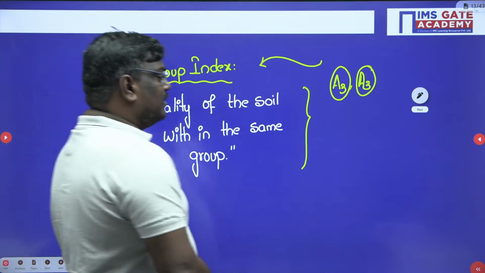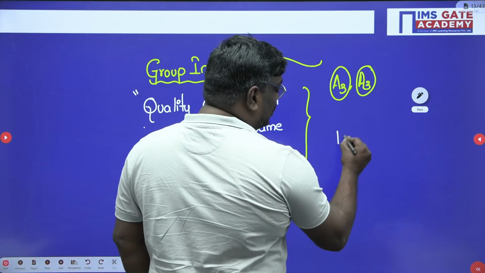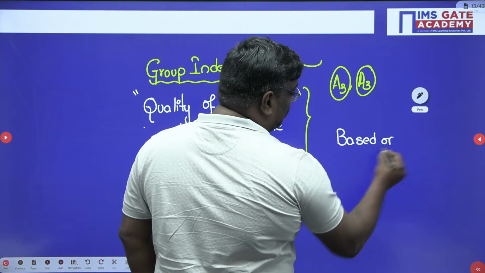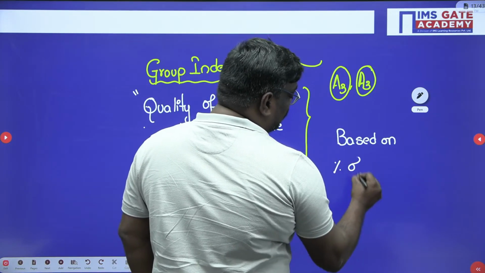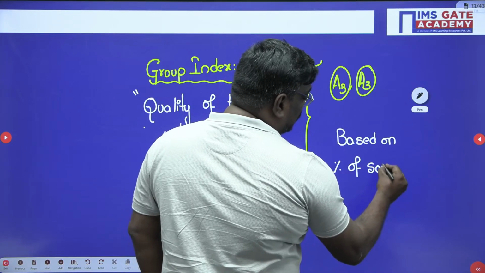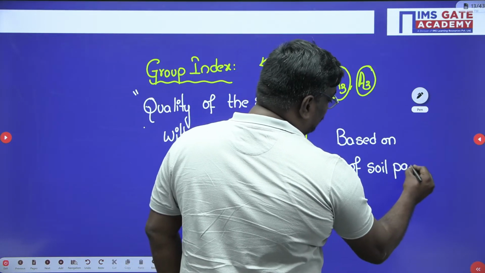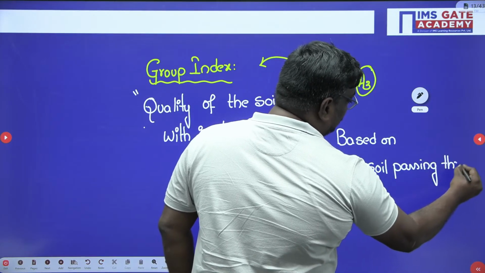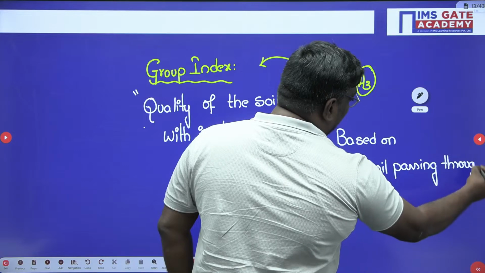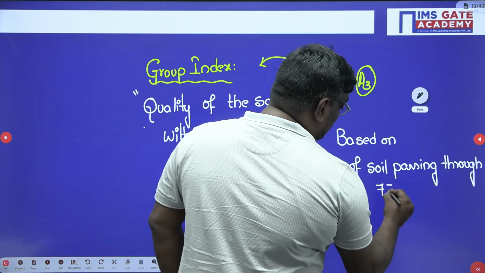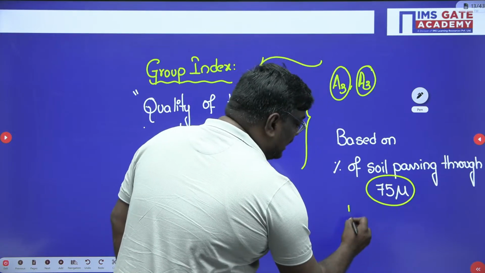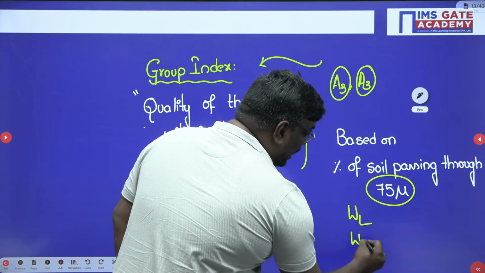So what they have done is, based on the percentage of soil passing through 75 micron sieve, liquid limit and plastic limit.